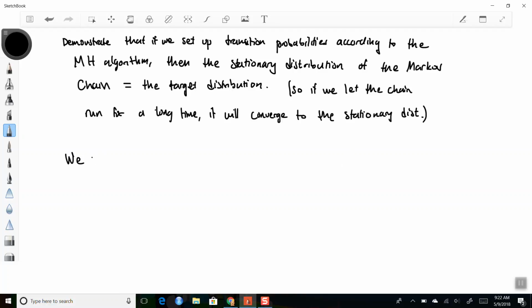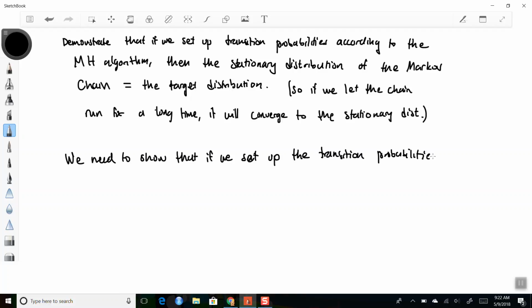So basically we need to show that if we set up transition probabilities this way, it will satisfy the detailed balance condition.